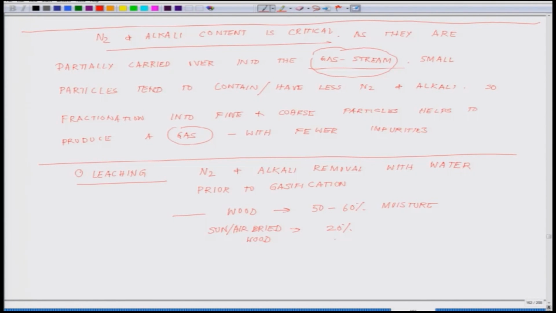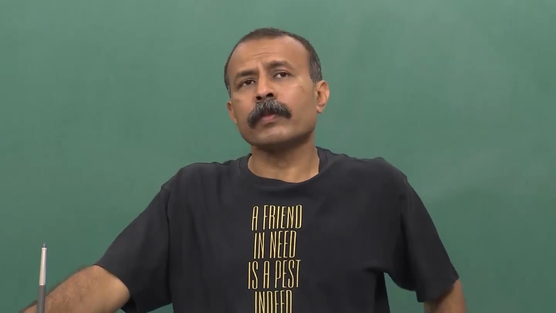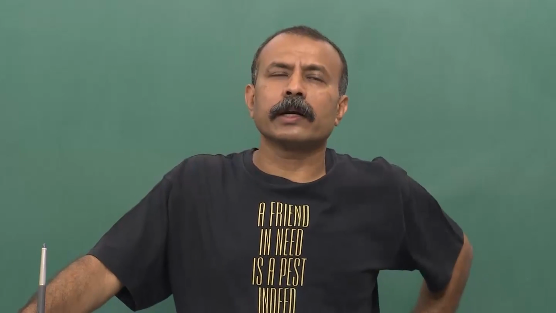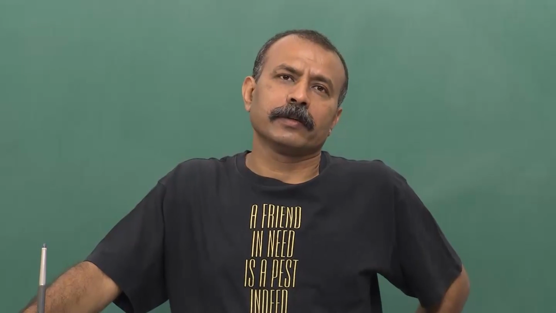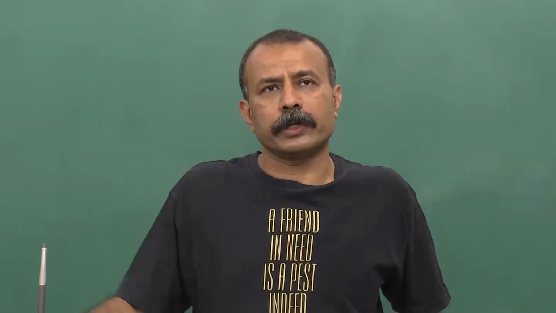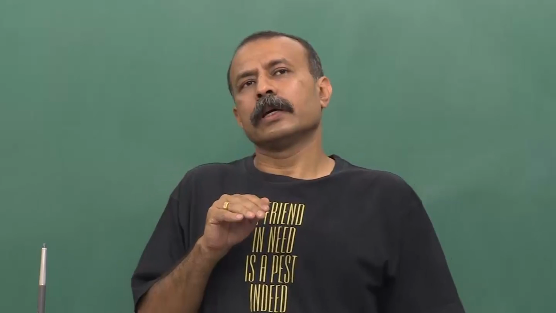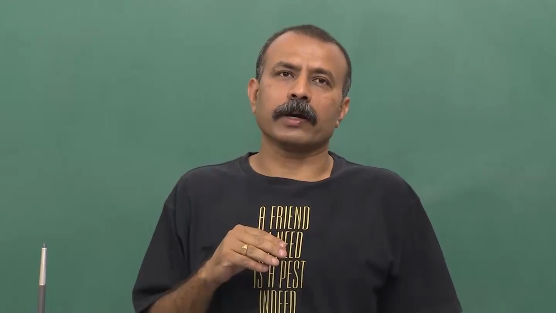Whereas what we need is preferably below 10 or at least between 10 and 15%. So, as I told you, there is always a compromise, because when you have to reduce the water content, you have to spend energy. You have to spend money in order to reduce it, and in doing so you are increasing the cost of the final product.